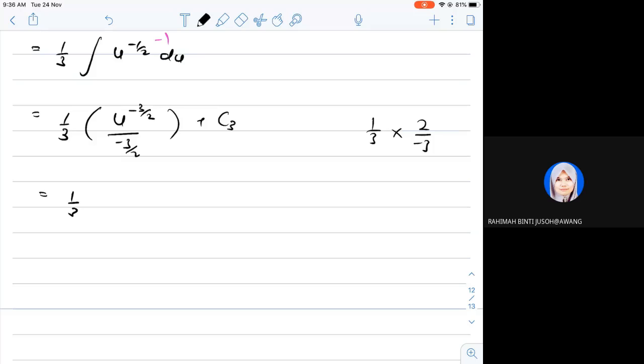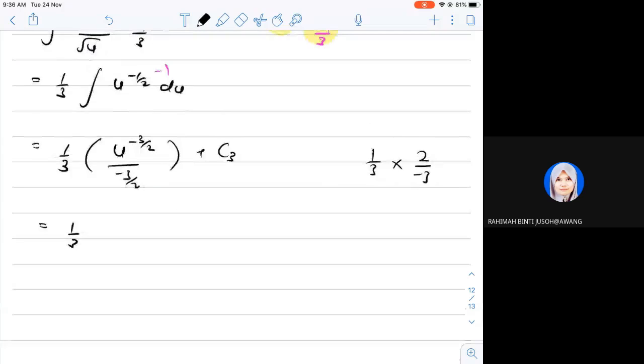So we will have, 2 over 3, right, isn't it? 1 minus... wrong.